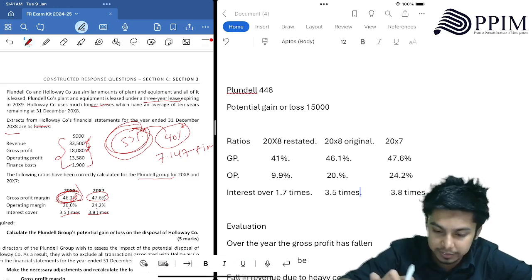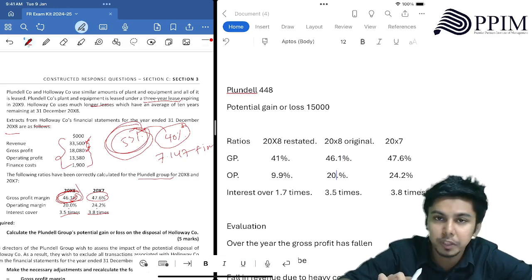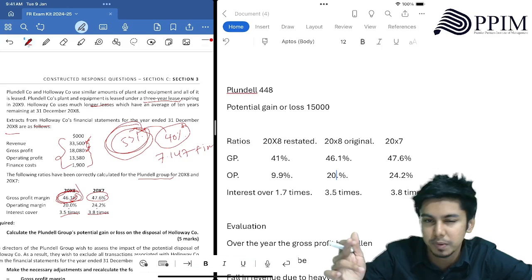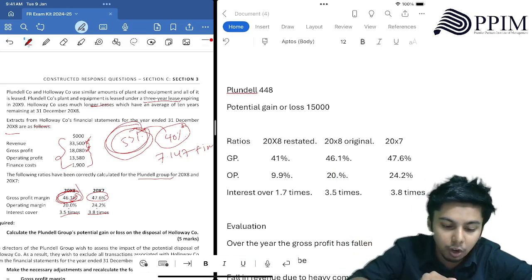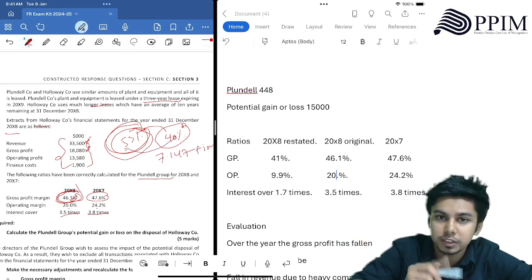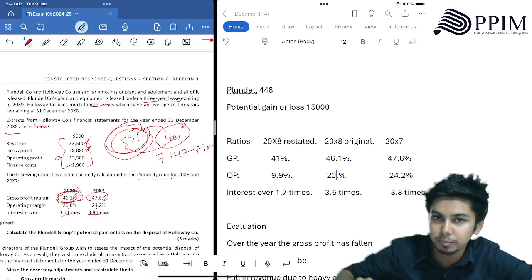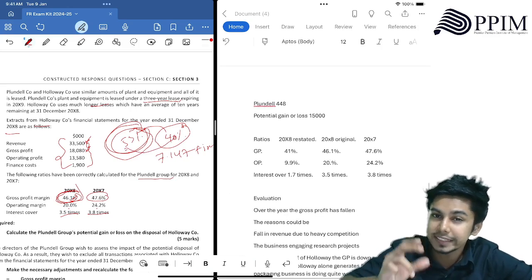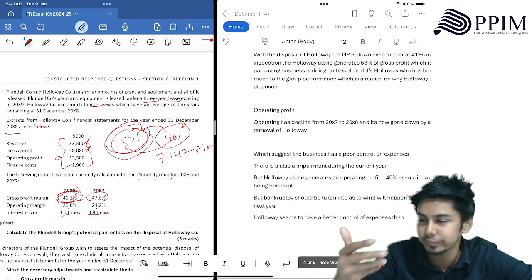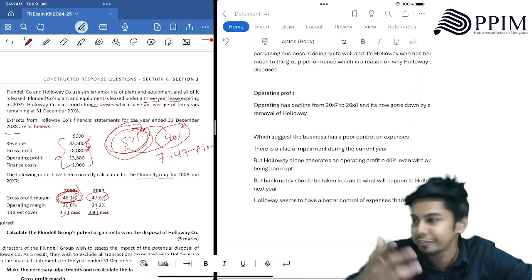Our GP is 46, but OP is 20. But Holloway alone has only lost 13%. So his control of expenses is much better than ours. It is his contribution that is keeping things well for the group.